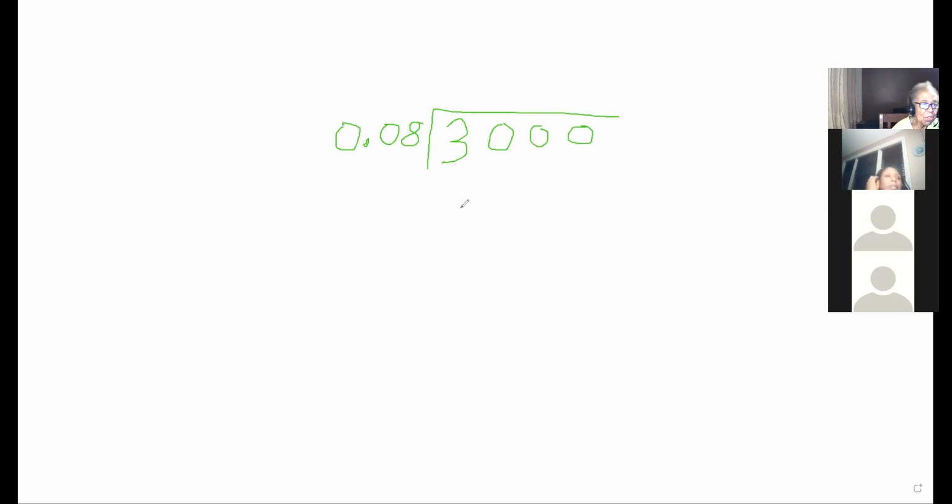Okay, Chastity, now when you're dividing by the decimal, you're going to move the decimal 2 places, just make that an 8. But you're going to have to do the same thing in the dividend. So you're going to move the decimal point here 2 places.